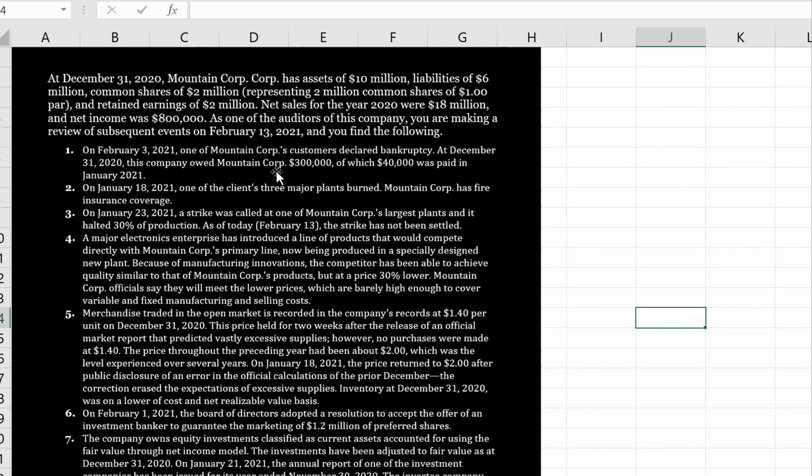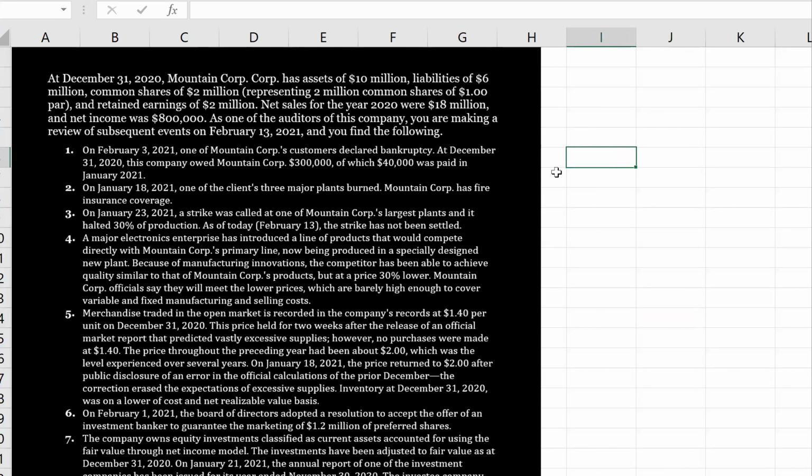There are two types of subsequent events: those that relate to balances that existed at the financial statement date, and those that arose after. This existed at the statement of financial position date, because we would have had this AR on our books, and now we know that this company declared bankruptcy. Luckily, we already got paid 40,000, so we have 260,000 at risk and we're going to need to write off that 260,000.